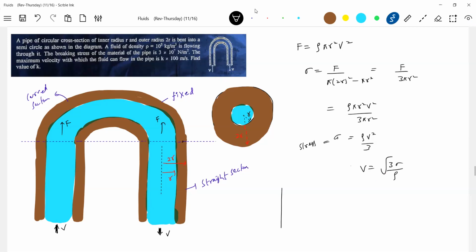I'll show it thin like this. It'll be easier. So here, in particular, the force will be acting here.